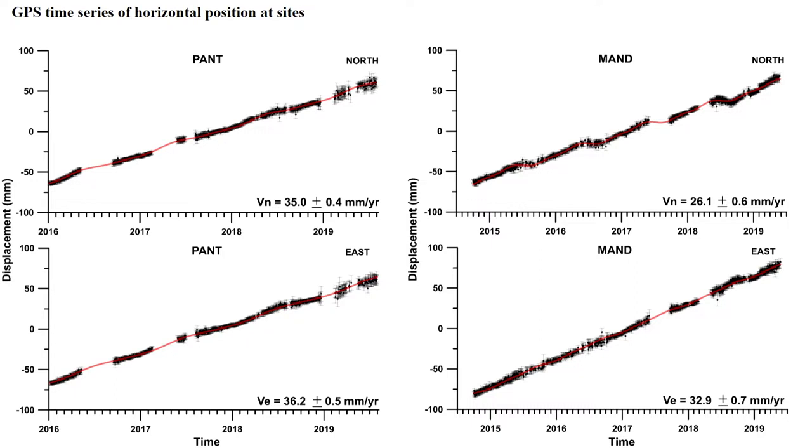The Pantnagar station is on the Indo-Gangetic plain, and this is on the Higher Himalaya. Here the velocity is 26. Here you can see the tremendous difference, 35 millimeter. Here you can see 36. Here you get 32.